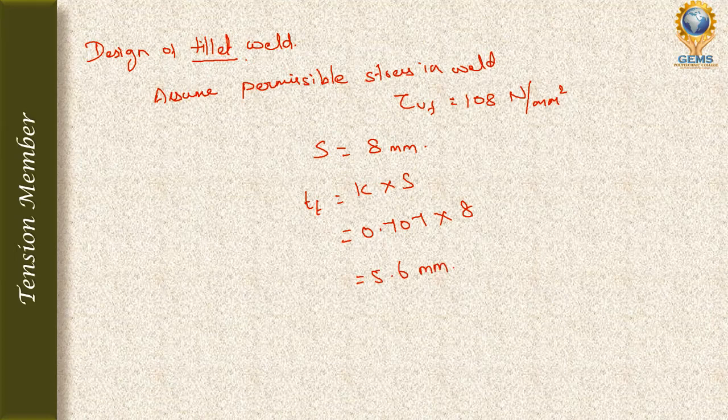So we know the effective throat thickness, and tau Vf we know. So what is the formula for the strength of the fillet weld? It is equal to LW into throat thickness into tau Vf. We have to find the LW. So how can we find the LW? By equating the tensile strength of the angle to the fillet weld.